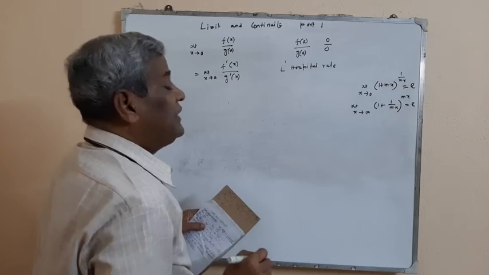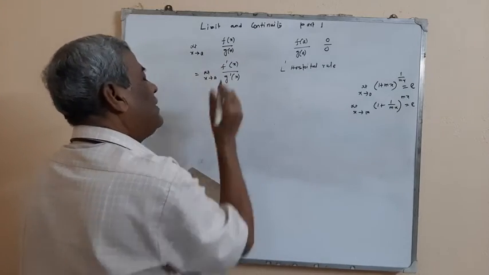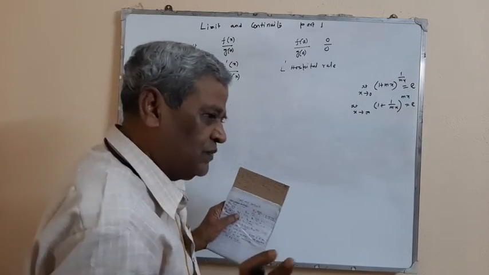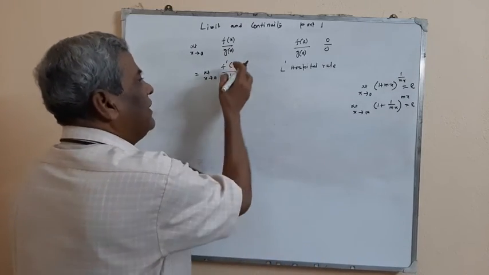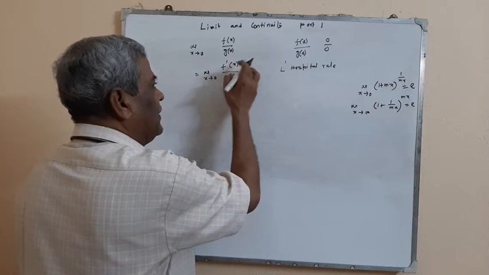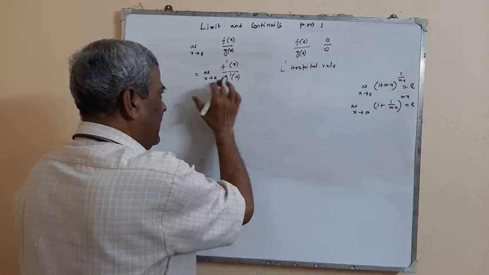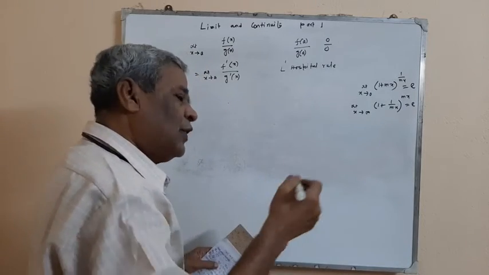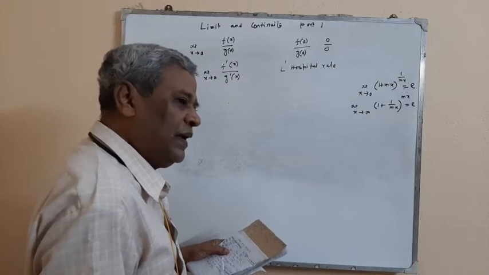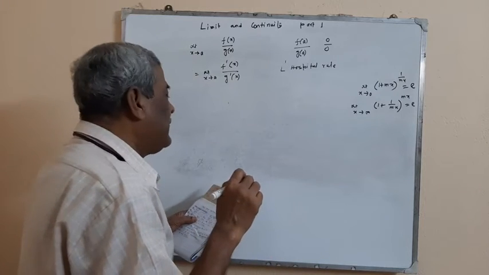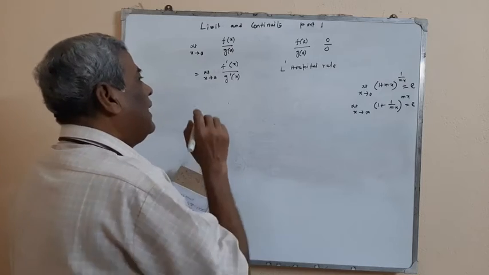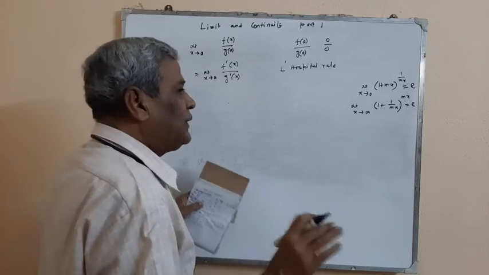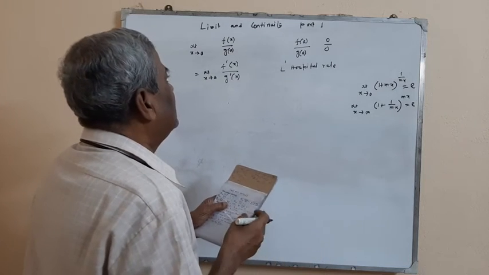If it is not of the type 0 by 0, then its answer is f dash a by g dash a, whatever be the value. But if again f dash a is 0, g dash a is again 0, that is it is again of the type 0 by 0, then continue the process. When ultimately we get that it is not of the form 0 by 0, in that case, we can very easily find the limit.